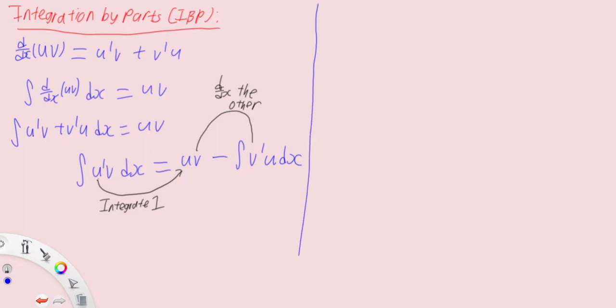Now let's start with an example, solve a simple one, integrating x e^x dx. Clearly you cannot integrate this directly, right? The derivative of x is 1, but you have a variable x, so that doesn't really add up. So we do integration by parts.